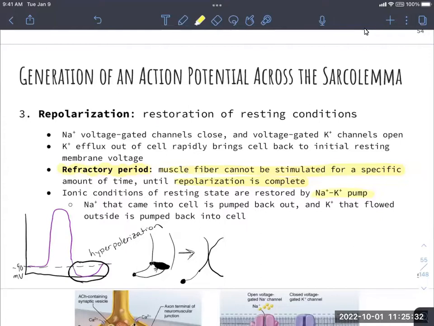That's also happening during that time, all at that exact same moment. That is during the refractory period, where we cannot receive another action potential until this is done.